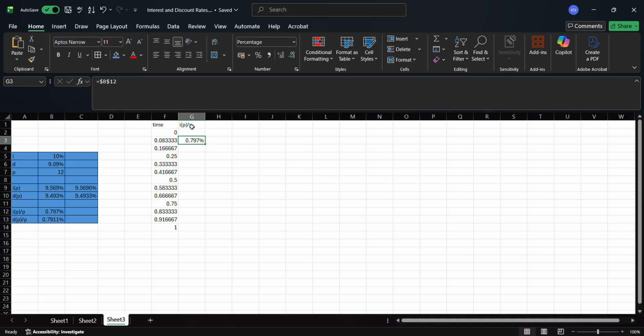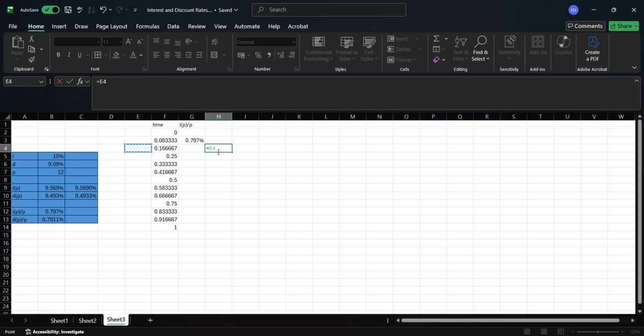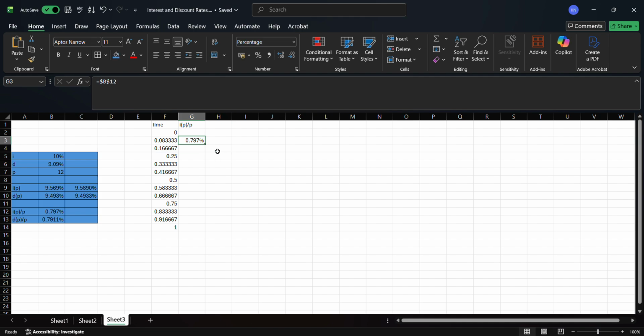By the way, if you want to fix a cell in Excel for your formula, how do you fix a cell? You reference the cell that you want to fix, and then you press FN F4 on your laptop.